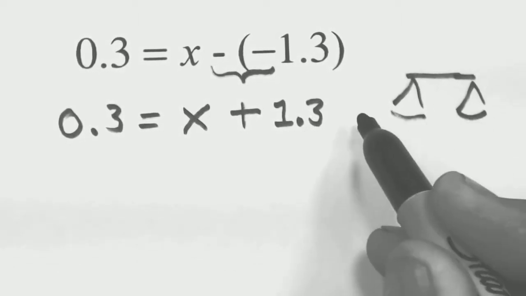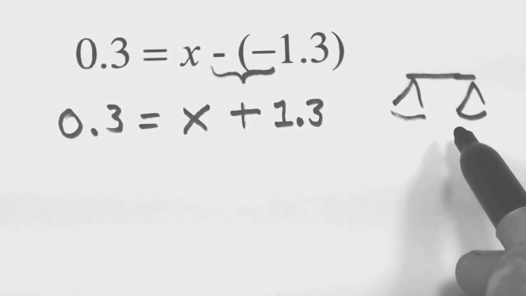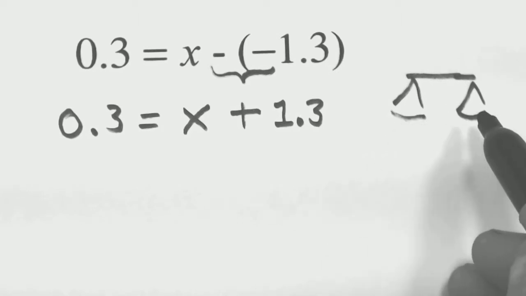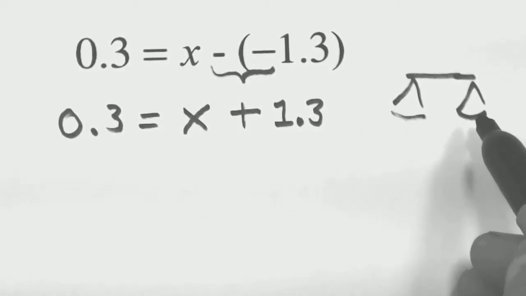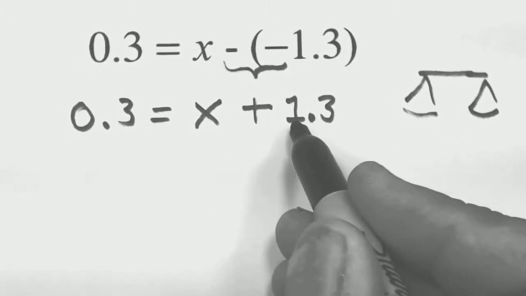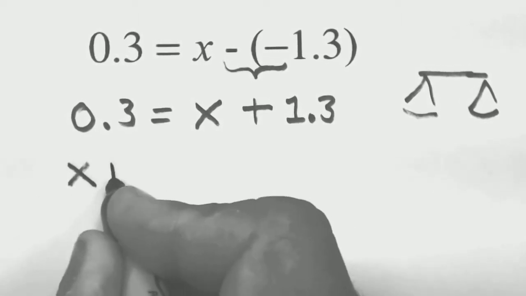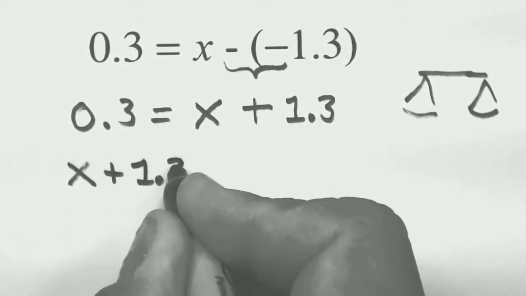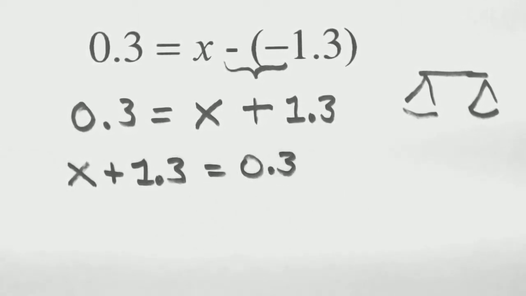In other words, being able to interchange the pans doesn't change the balance of the scale. Whatever weight is in this equals the weight that's in that one. Well, anything you can do in a balance scale, you can do in an equation. So over here, I'm simply going to interchange the sides. Write the x plus 1.3 on the left and the 0.3 on the right.